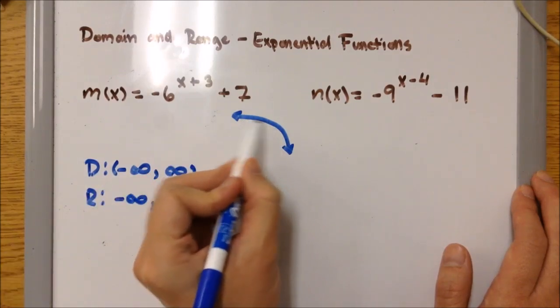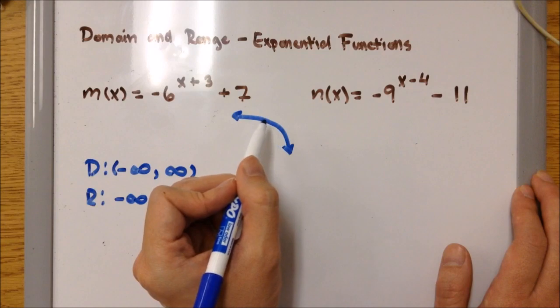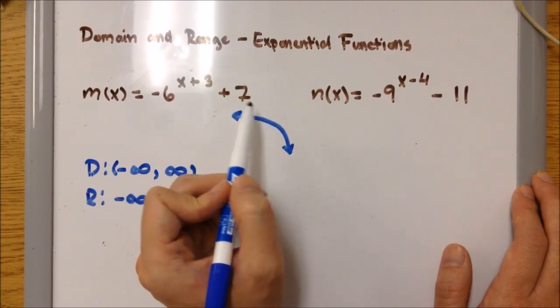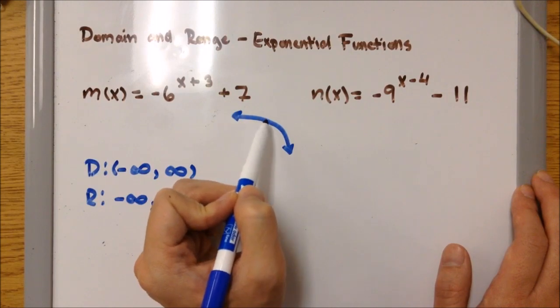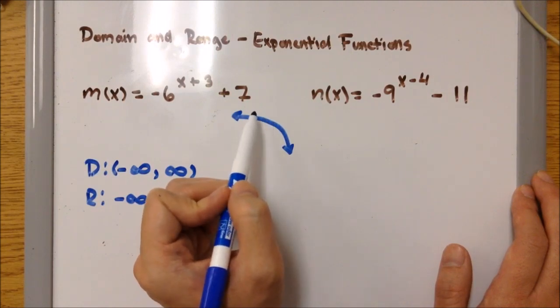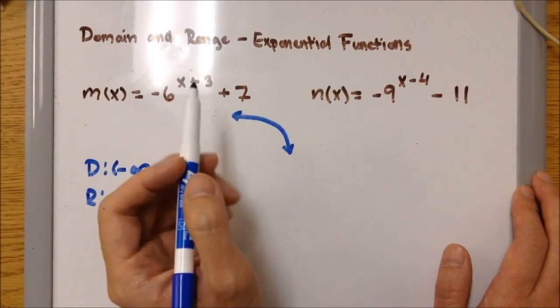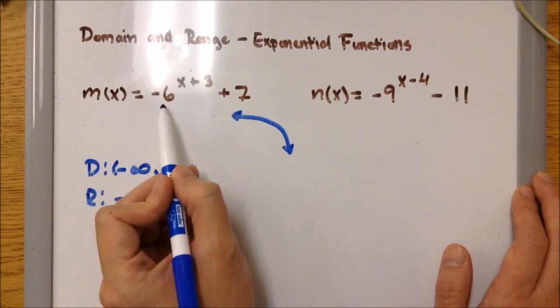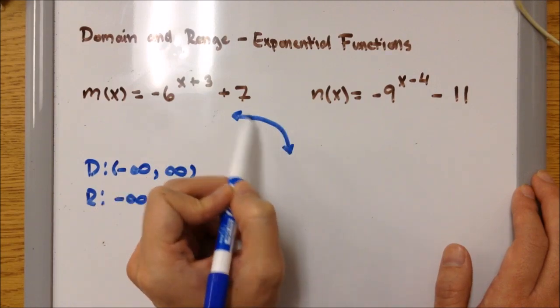Now, the top part, again, is just like the other graphs where it does not cross the horizontal asymptote that it has. So for example, if it was plus 3, it won't go past y equals 3. So here, in our example, since our base is negative, the graph reflects.